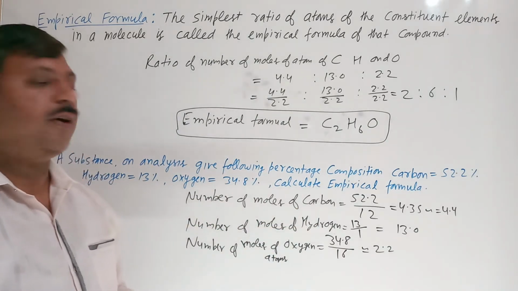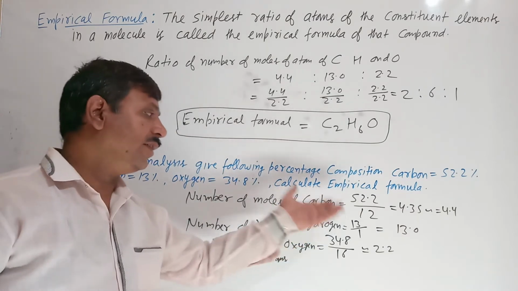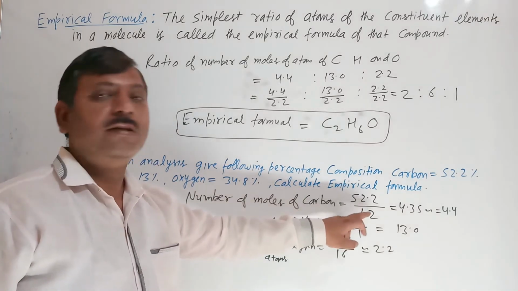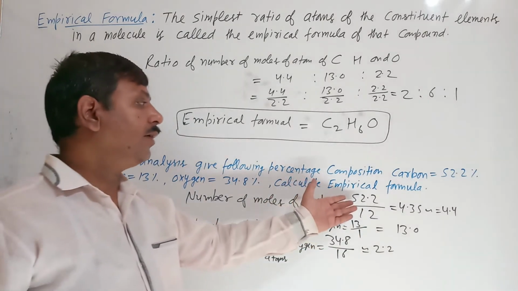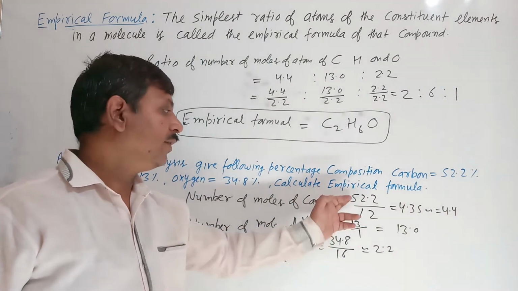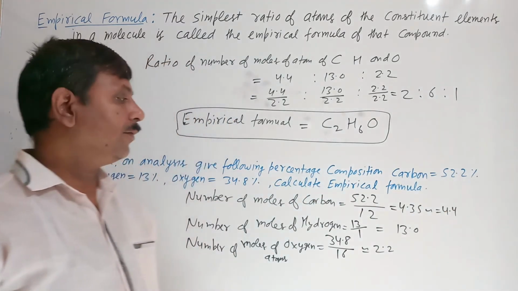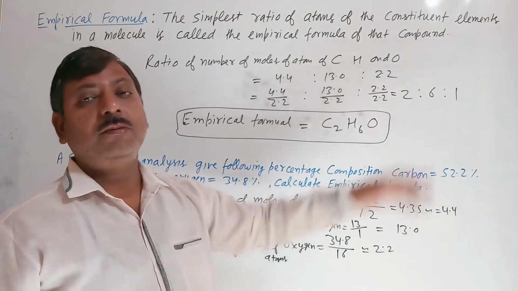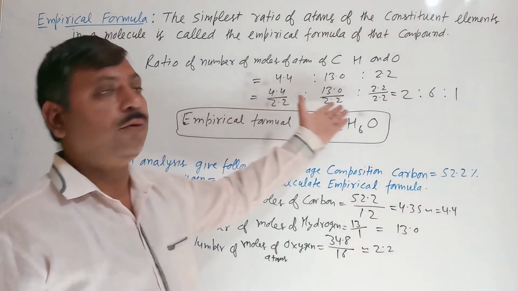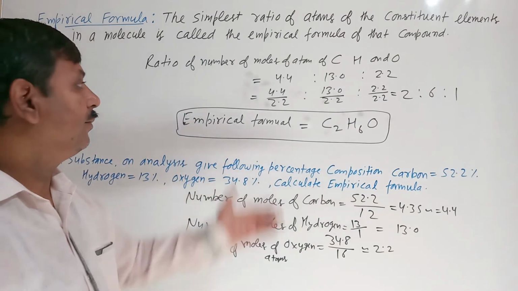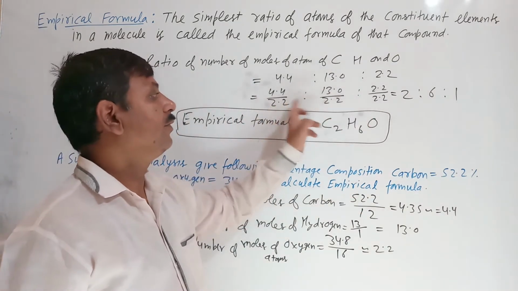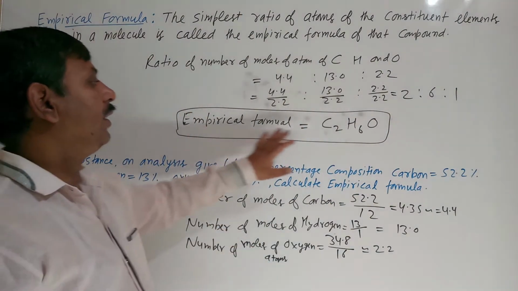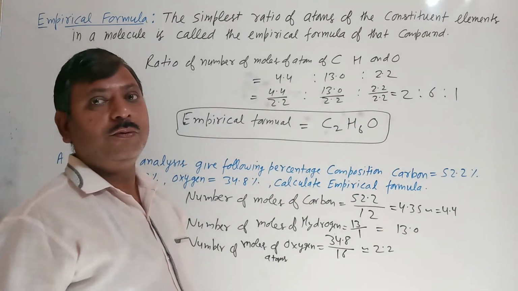Firstly, we find how many moles of each atom are present in the substance. If you want to find the number of moles, you have to divide mass upon atomic mass. That comes nearly 4.4 here, 13 here, 2.2. So what will be the simple ratio in moles of atoms? We have seen 2:6:1. So the empirical formula is C2H6O.